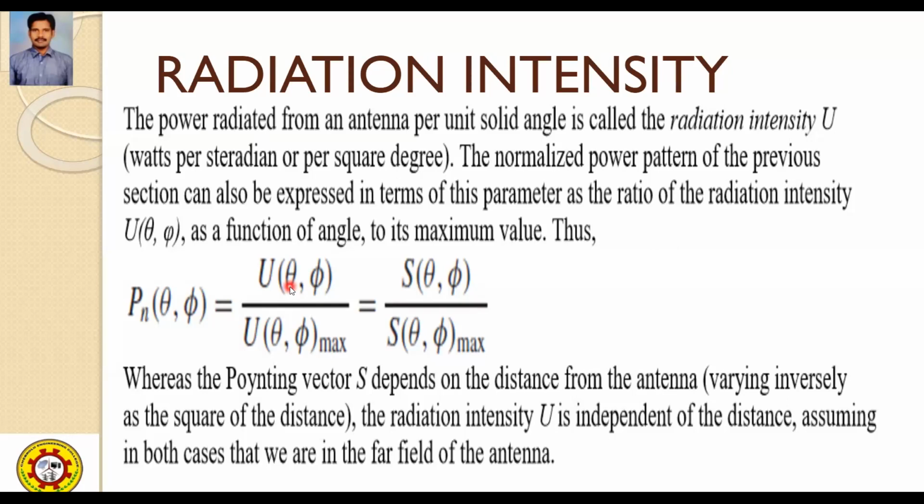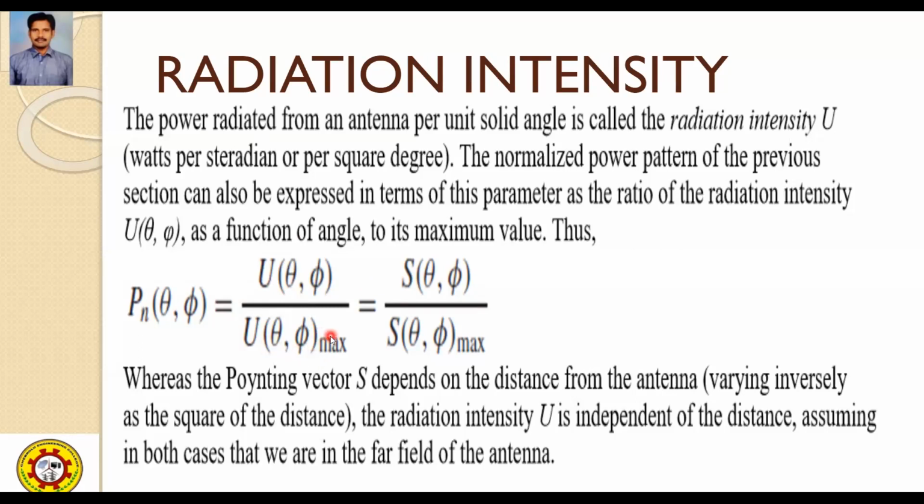So the normalized power pattern can be defined as the ratio of radiation intensity to maximum radiation intensity.